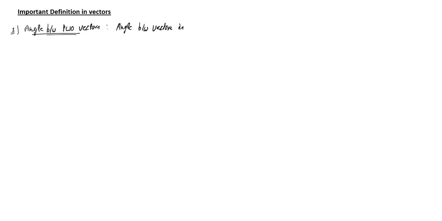Now to understand vectors completely, we first need to understand few important definitions in vectors. The first important definition in vector is angle between two vectors. Angle between two vectors is the angle between their directions.